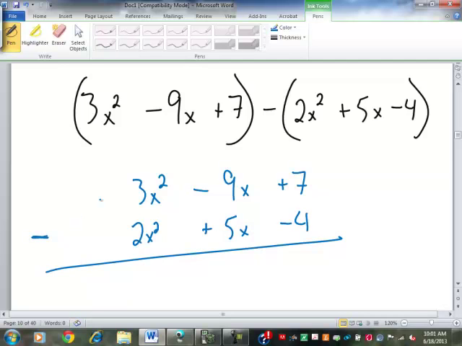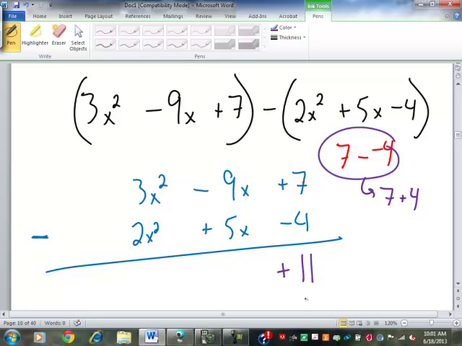And we are subtracting down the columns. So this is 7 minus a negative 4. Now, when we look at that, what do we change that to? Yeah, 7 plus a positive 4. So that becomes a positive 11.